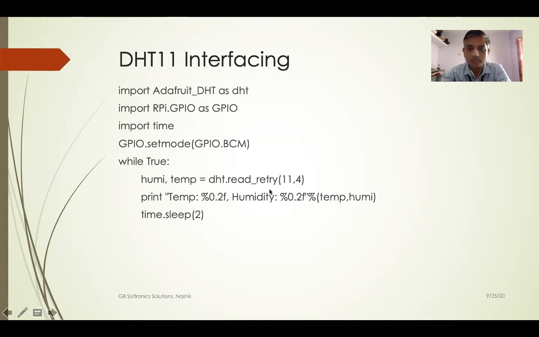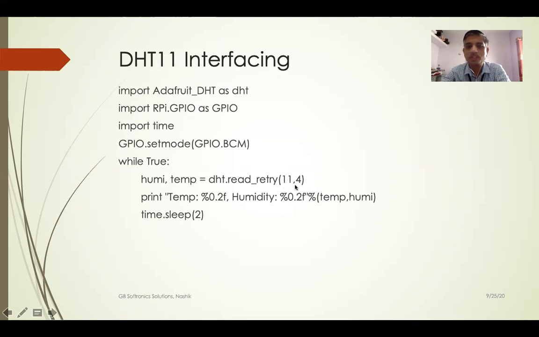Here there is a function named read underscore retry, which is available in this DHT library. We need to put DHT dot read underscore retry, and in the brackets two arguments have to be passed. The very first one is 11. What does 11 represent? We are using DHT11. If you are using DHT22, you just have to put 22 here.